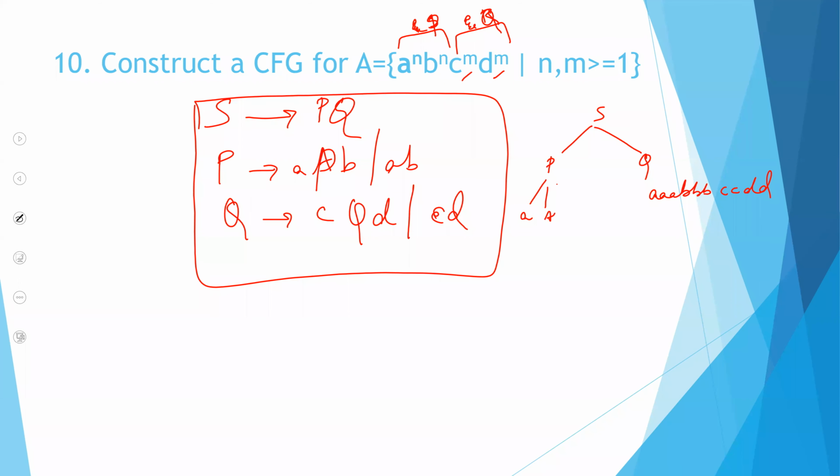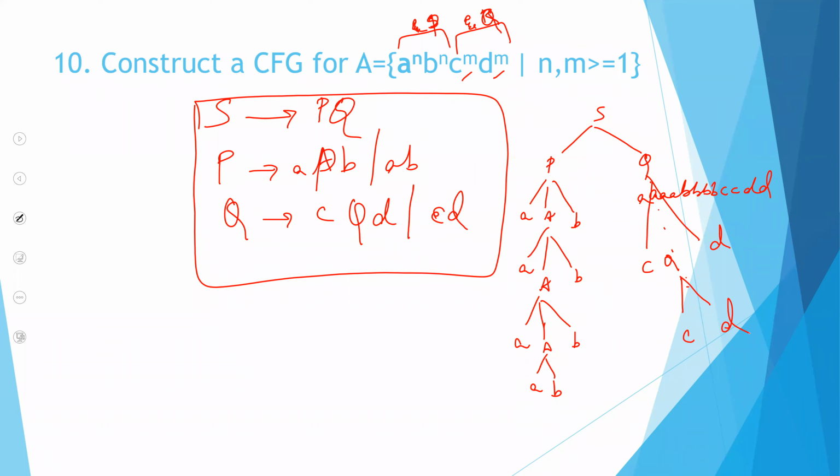A, B, A, B, A, B. So my A's and B's are done. And then you will write similarly for your C's and D's. Q is what? C, Q, D. Q is what? C, D. That's it.